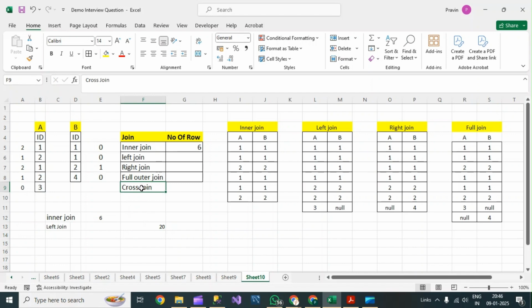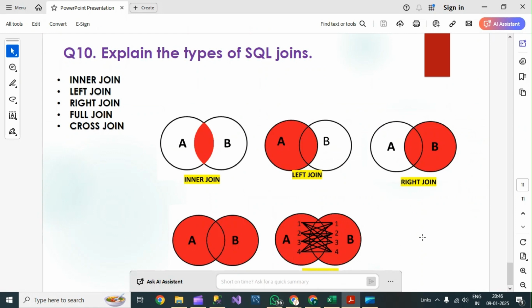So when the interviewer asks you what the output of the cross join is, if you know the definition, then you will definitely tell the answer. What happens in a cross join? If you check this picture, the A table and B table, all the elements will match with each other. It does not matter whether they match or not, it will create pairs. Like this, 1 with this 1, with this 2, 1 with 3, 1 with 4. Whether it matches or not, it takes the cross join.